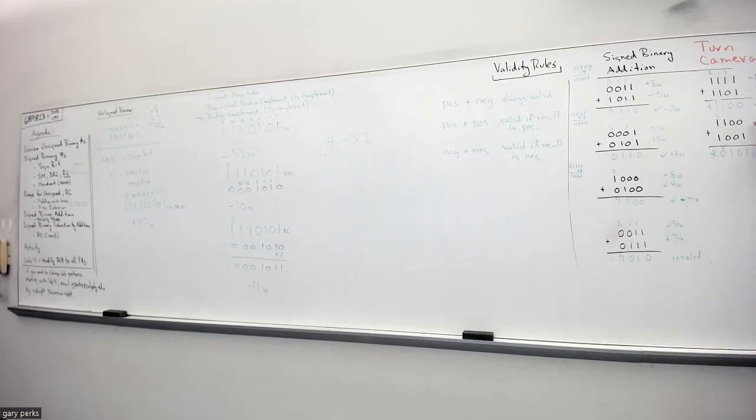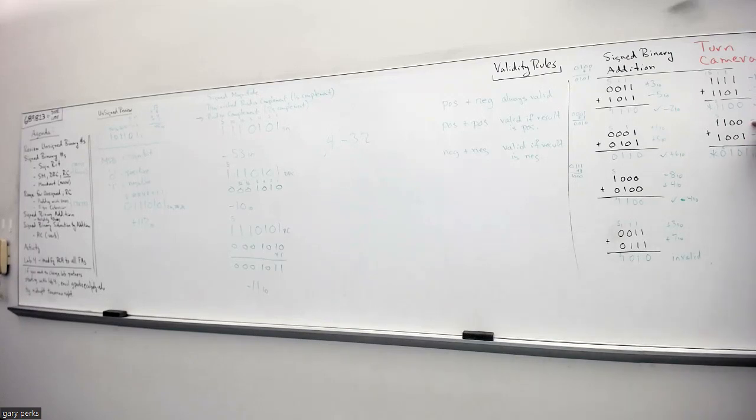And if you look at the range here, what would this number be in base 10? Minus 4. How about this one? Not minus 1. Remember, you've got to flip the bits and add 1. So minus 7.